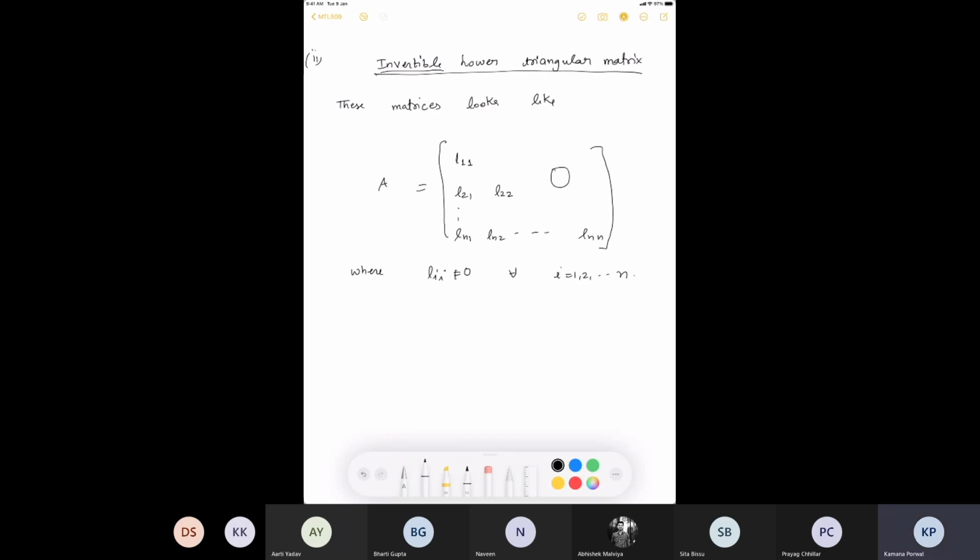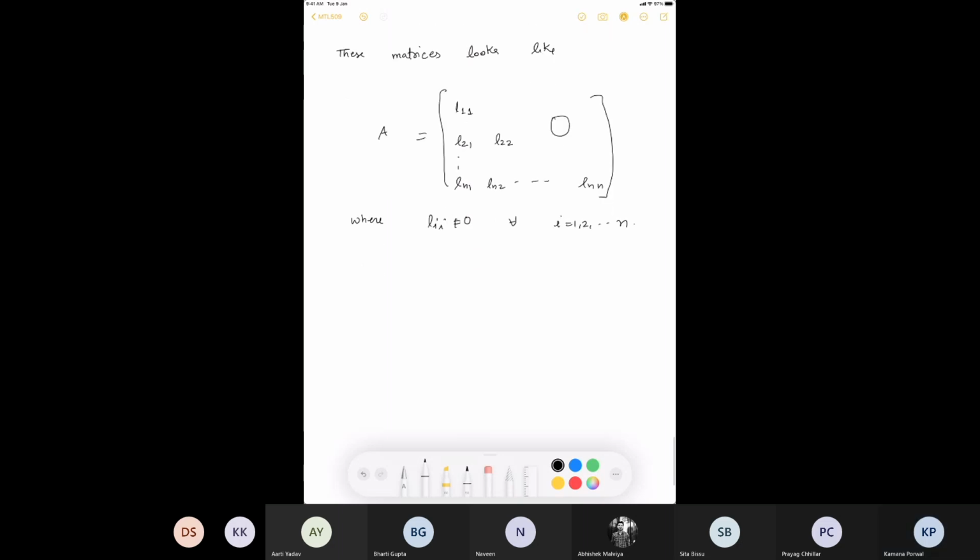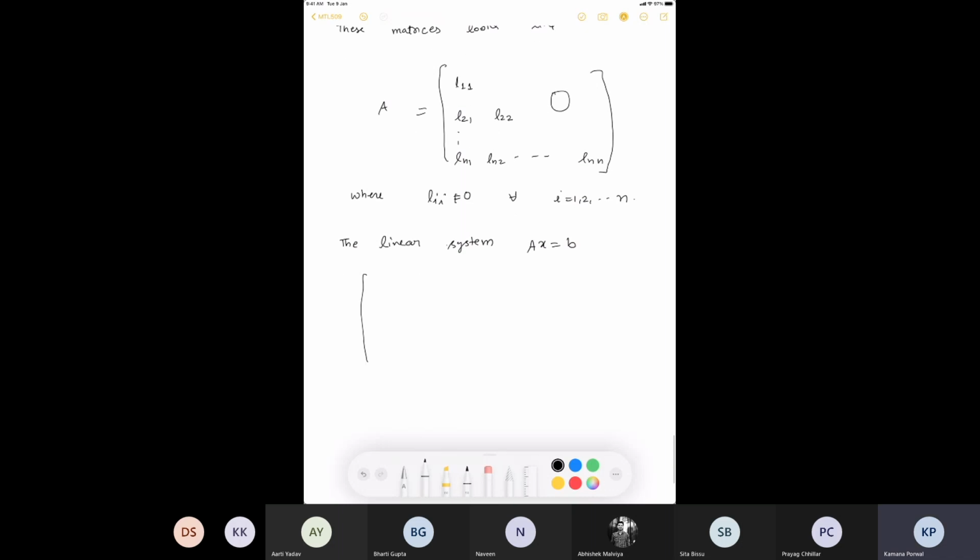Okay. And in this case, if you have to solve the system Ax is equal to B, we have this as a coefficient matrix L11, L21, L22, Ln1, Ln2, Lnn, and we have the vector x1, x2 up to xn.